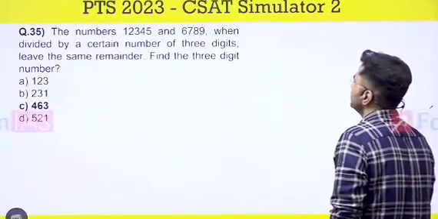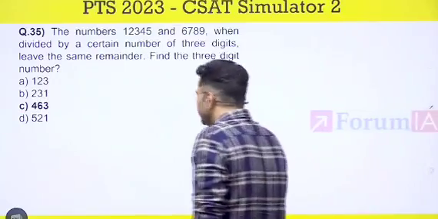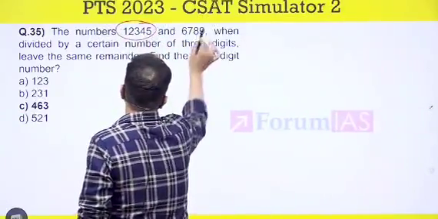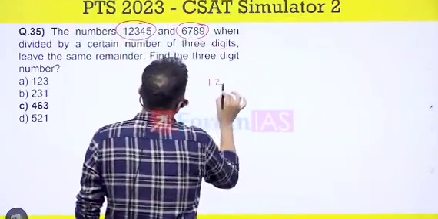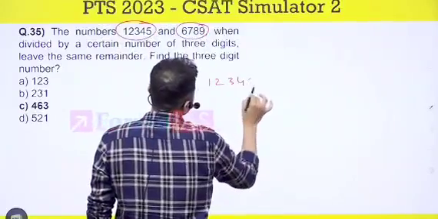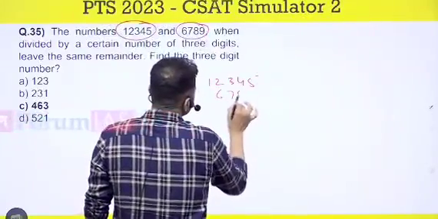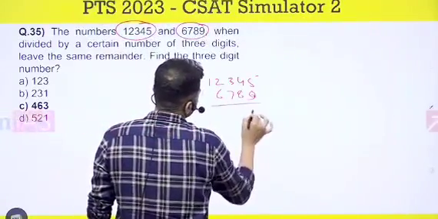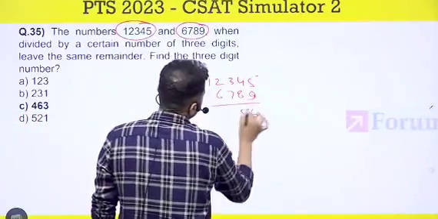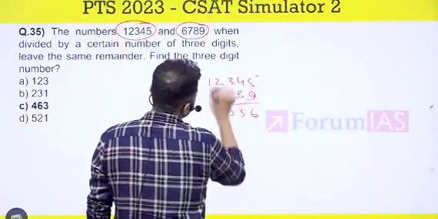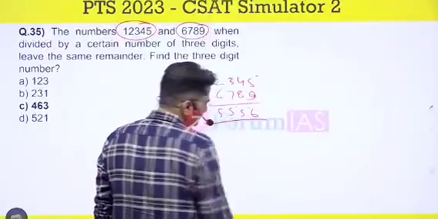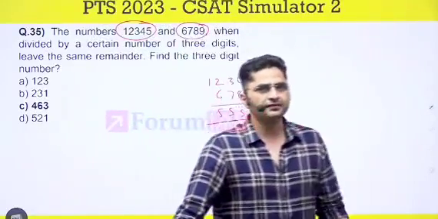Now the numbers this, and this, when divided by, see, here the rule is that you just take these two numbers and do the subtraction. So this becomes 63525, 115. Then just prime factorize it.